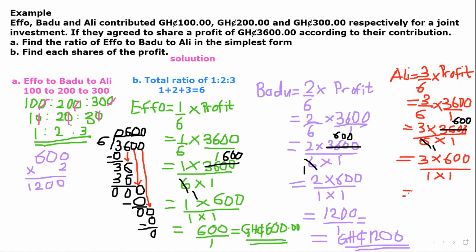And to multiply the 3 by 600, 3 by 0 is 0. Any number multiplied by 0 is 0, okay? Then 6, 3 is 18. Good. Now we have 1,800.